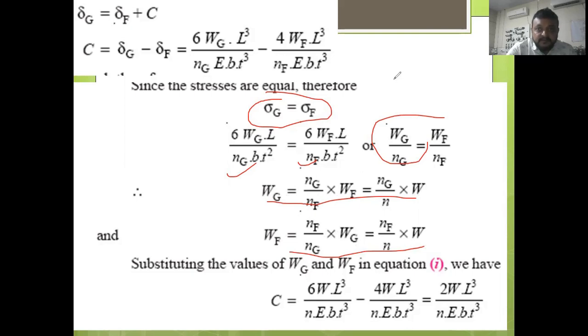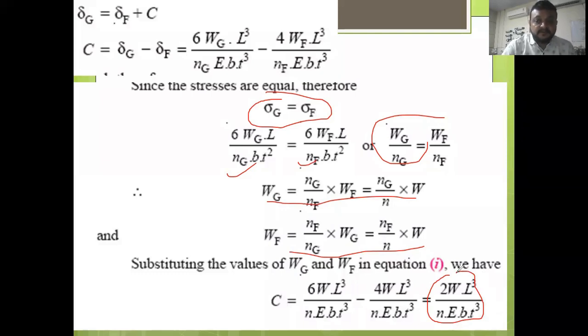Here you can see WG and WF, WF is already there in this C. Put the value of WG in the form of number of leaves, and there is the solution, one equation of C: twice WL cube divided by N into E B T cube.